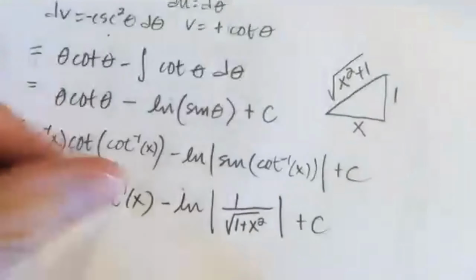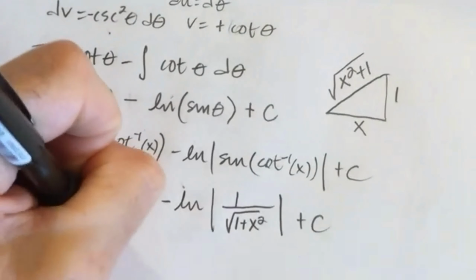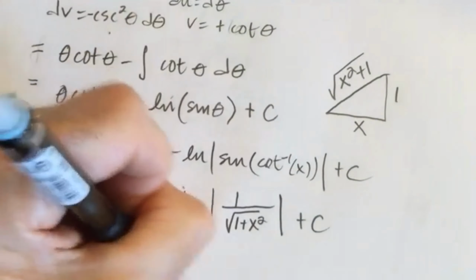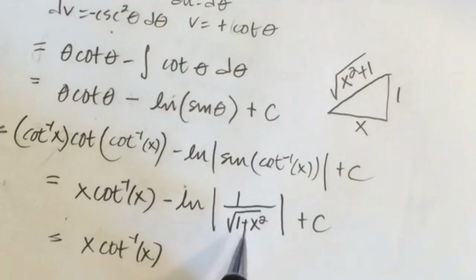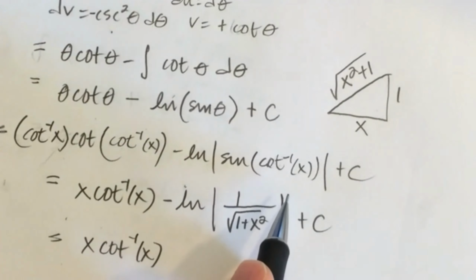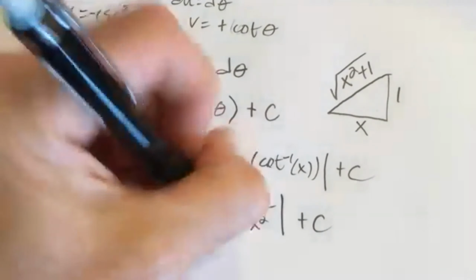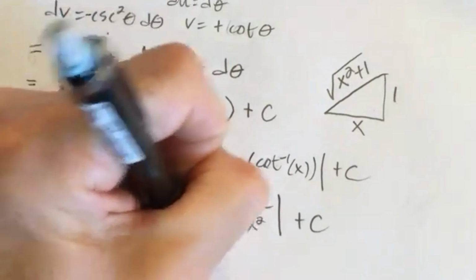But I can do more. If you don't like fractions, then we can do more, because isn't this just to the -1 power? Wouldn't that flip it over? Yeah. And when we have the log of something to a power, the power can come down in front. Okay, so I'll write it in 2 steps.